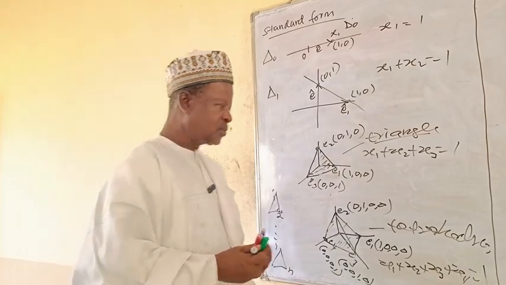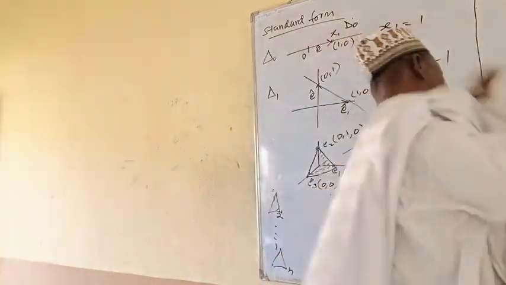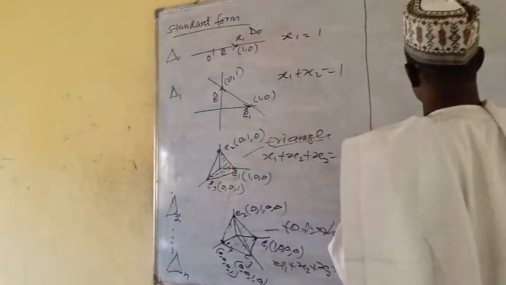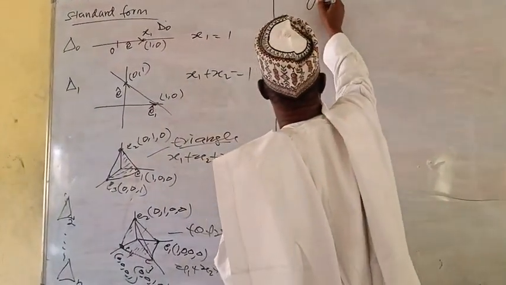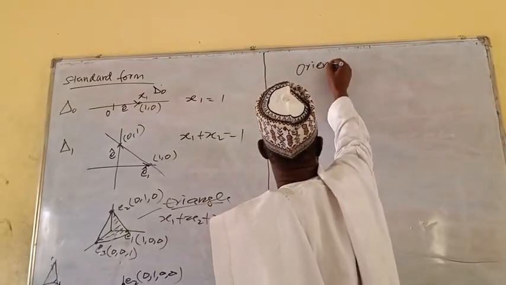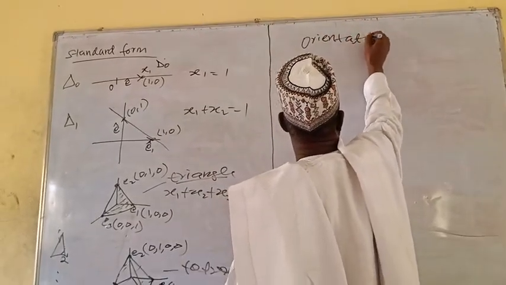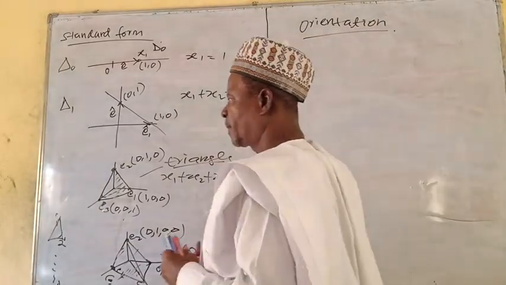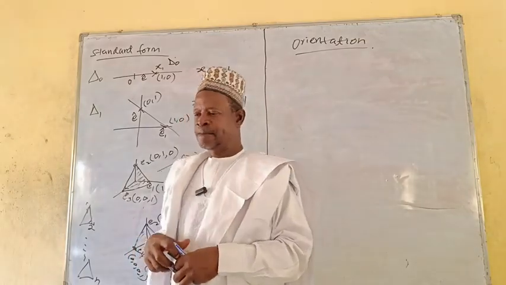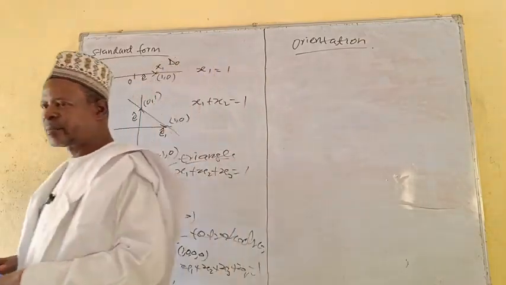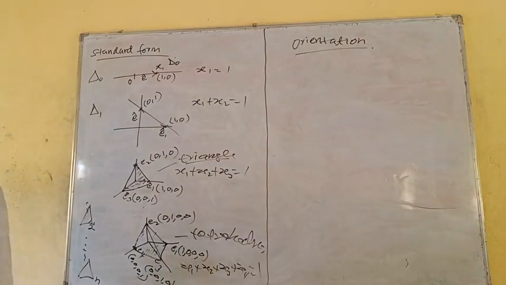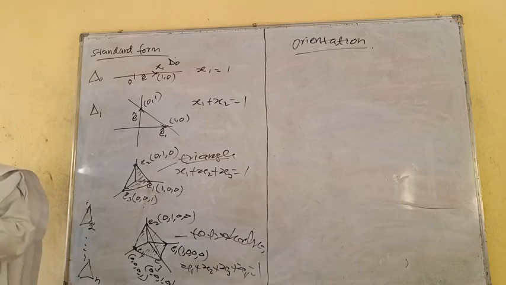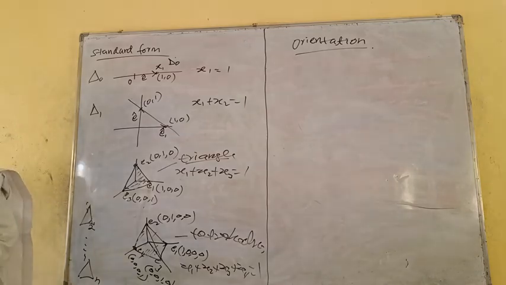Now, we are going to see the orientation of these simplices. Orientation. Now, how do you orient these simplices? There are two ways, like I said, of orienting the simplices.